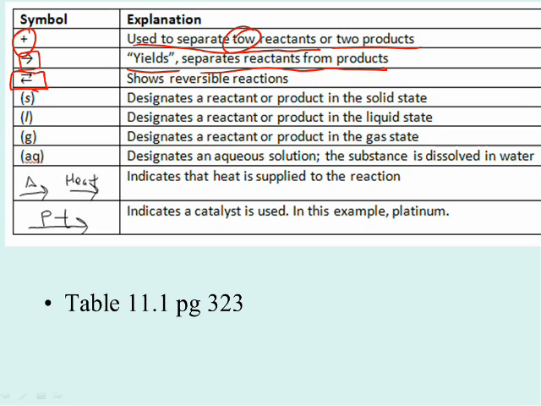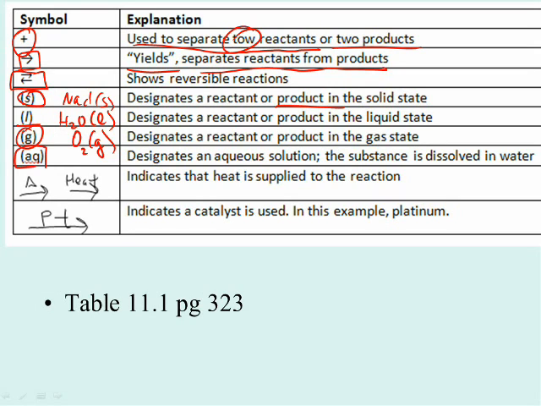A little s in parentheses just means that it's a solid. The reactant or product could be a solid. So if we had solid salt, NaCl, it would be an (s). Now (l) means liquid, so if we have H2O liquid, as opposed to solid water. (g) means it's in the gas state, so you might have water gas, or oxygen gas.